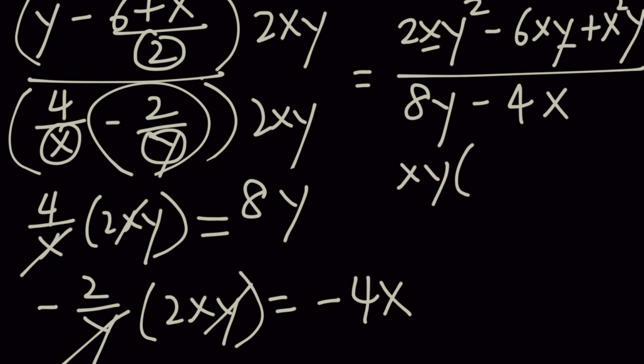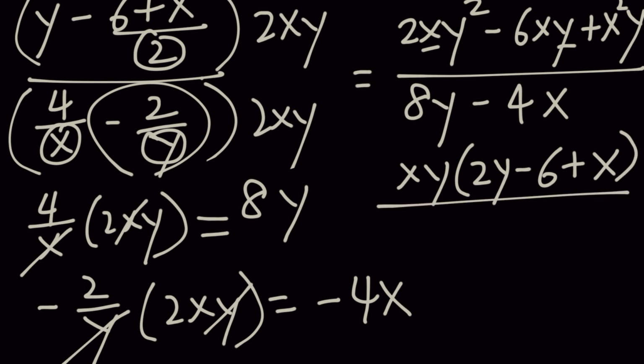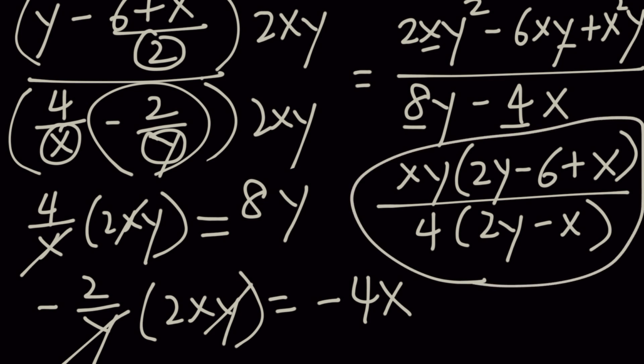And that would be 2y minus 6 plus x. And for the denominator, 8 and 4, we can take out 4, and that becomes 2y minus x. And that will be our simplified answer.